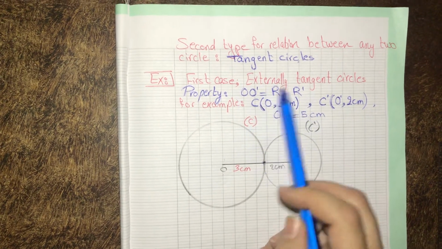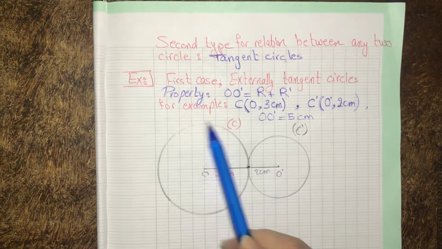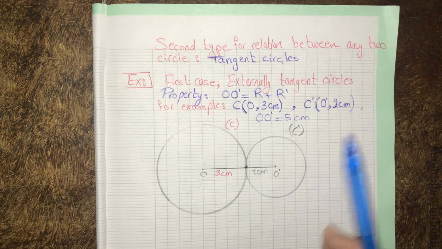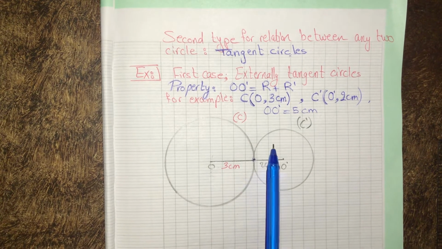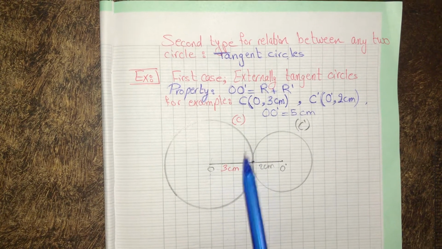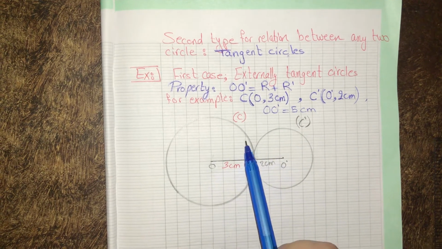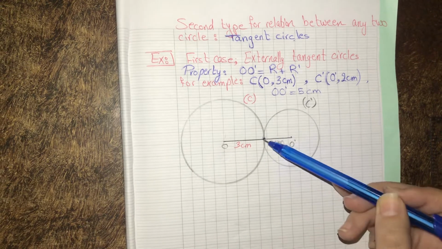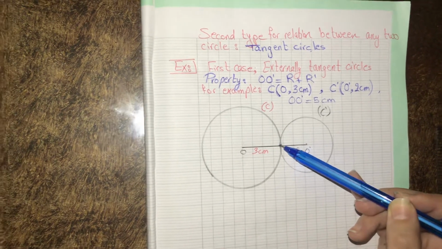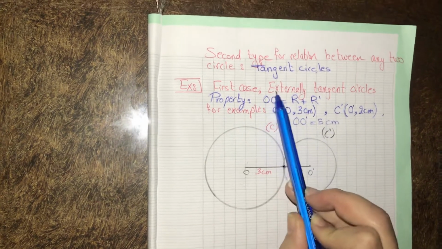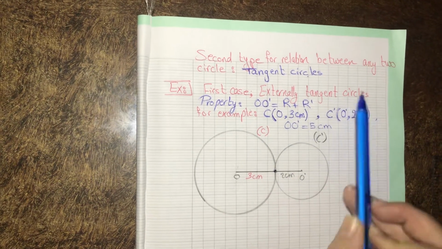Why is it externally? Because the second circle is outside the first circle. And these two circles intersect at one point, so I call it tangent. So it is externally tangent circles.